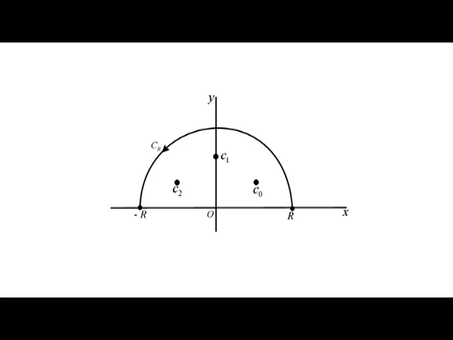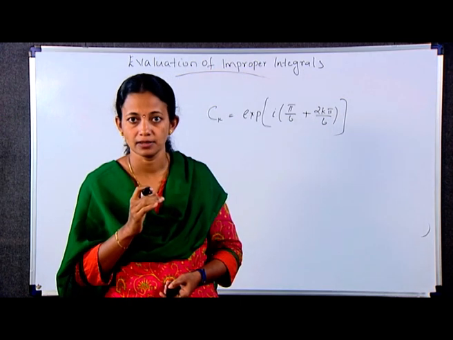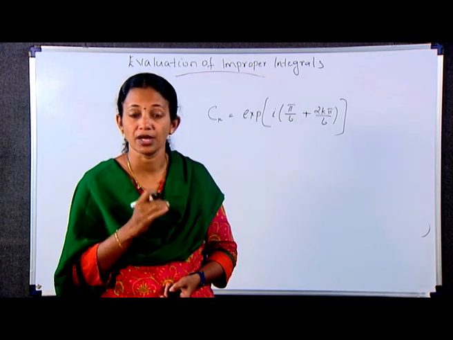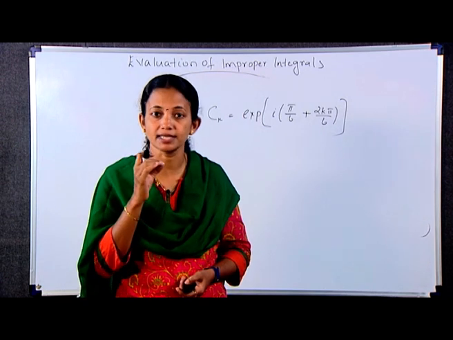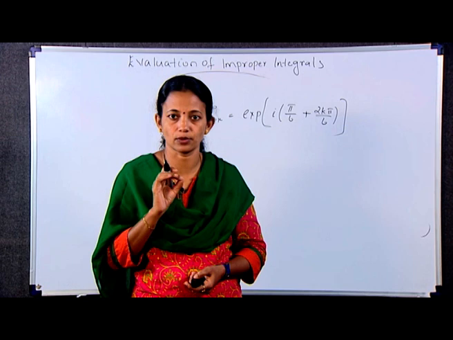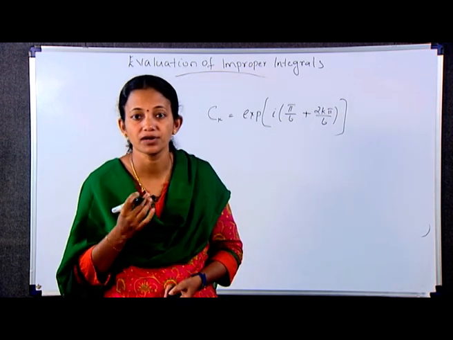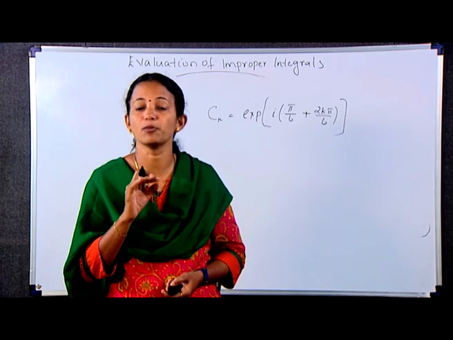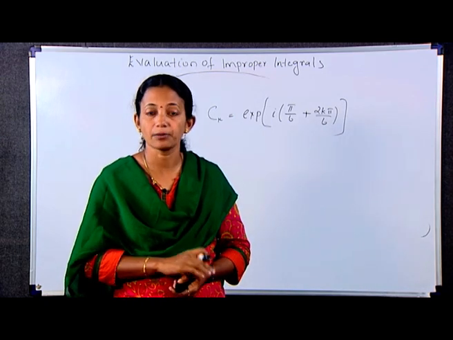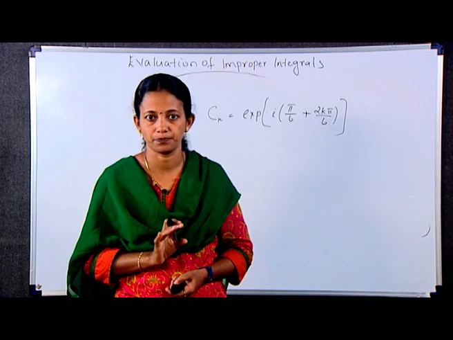When r is greater than 1, the points Ck lie in the interior of the semicircular region bounded by the segment z is equal to x, that is minus r less than or equal to x less than or equal to r of the real axis, and the upper half CR of the circle mod z is equal to r from z is equal to r to z is equal to minus r.